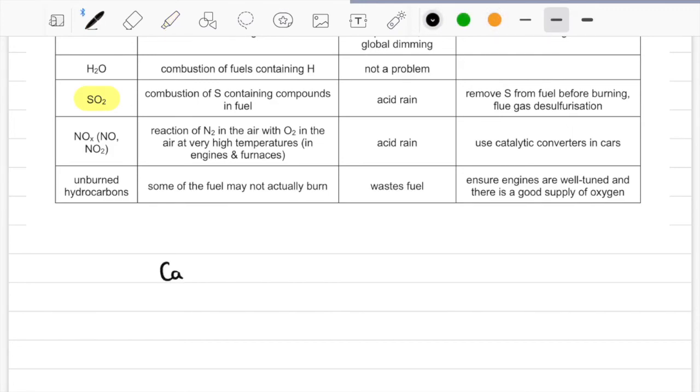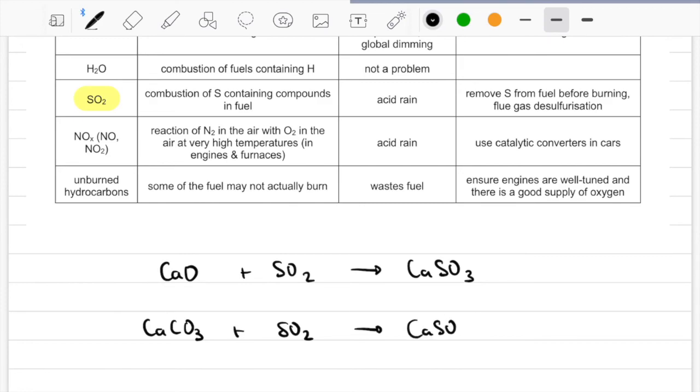If it was calcium oxide, it would be reacting with sulfur dioxide, and it would be making CaSO3. Alternatively, we could be using calcium carbonate, again reacting with sulfur dioxide, again forming CaSO3, but we would also get carbon dioxide as well.